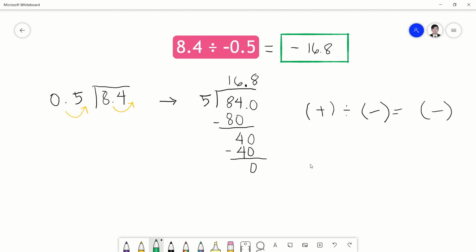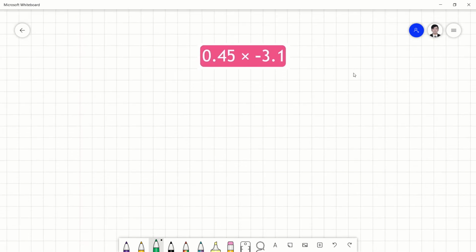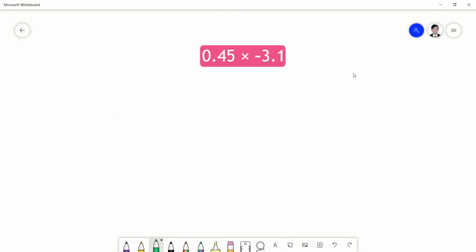Okay, let's try another one. We have here 0.45 times 3 times negative 3.1. It's multiplication, so we will do the same thing. We multiply 0.45 by 3.1.